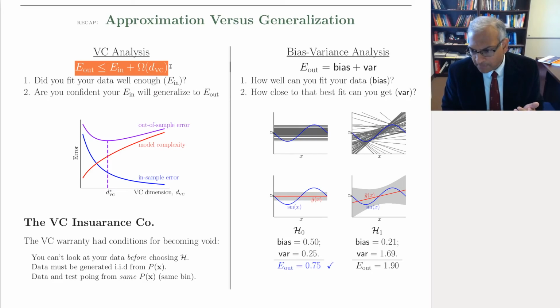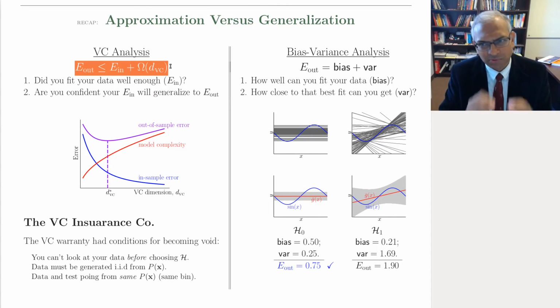It's just like saying, does polling in Australia give me some idea about what's going on in the election in the USA? Probably not. It's a totally different can of people. So you cannot violate these assumptions. If you violate these assumptions, you will pay the price, and that price can be huge. And later on in this course, we will see examples of when these assumptions are violated.